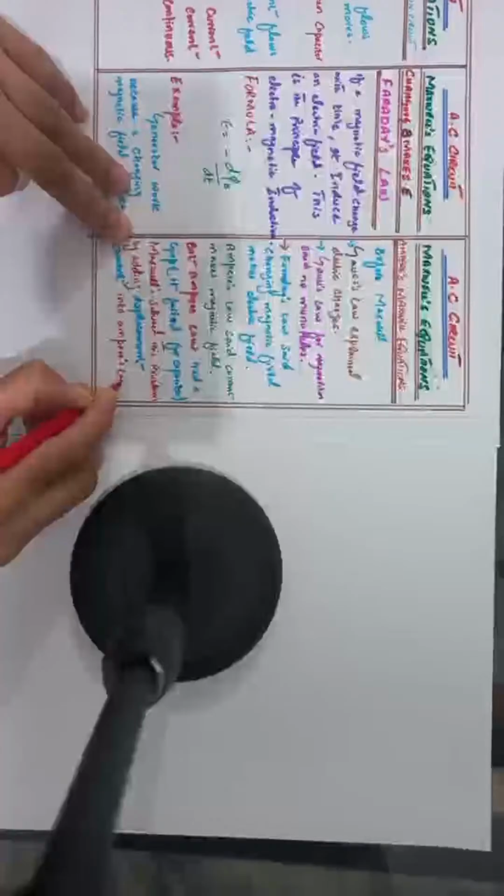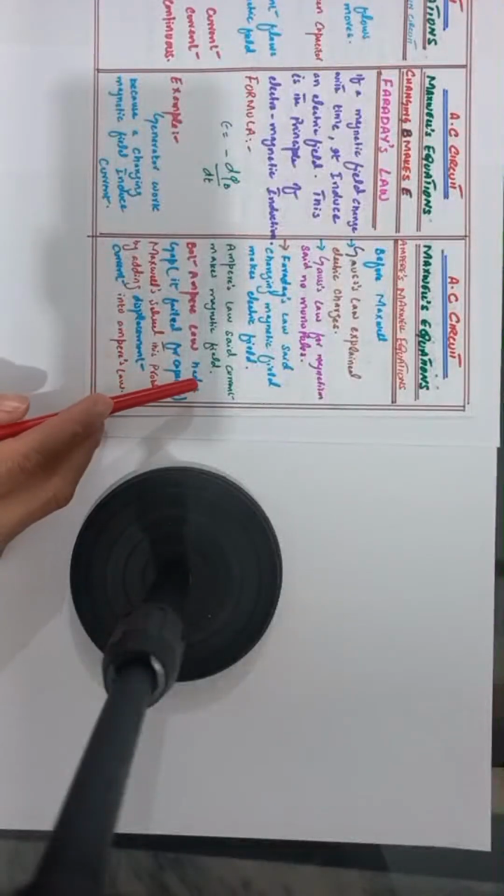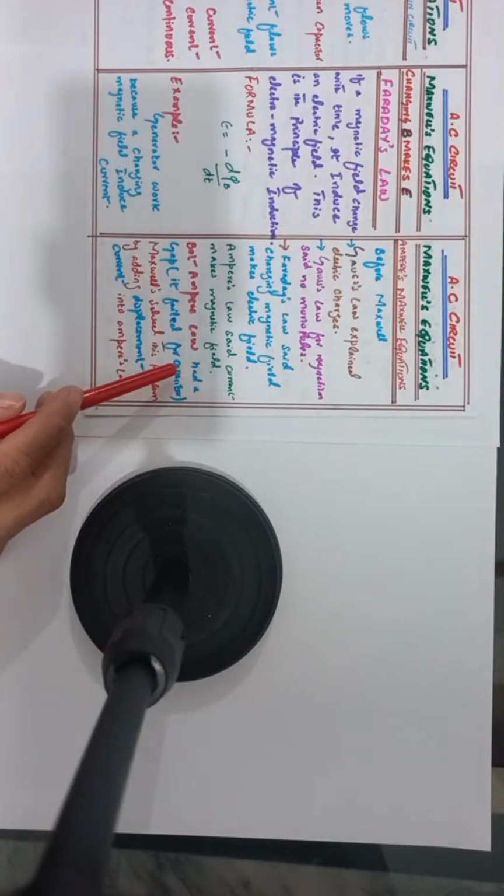That is, we discuss the Ampere-Maxwell equation, how Maxwell extended Ampere's law. Ampere's law does not explain the displacement current between the capacitor plates. It only said that current creates the magnetic field, but it fails in the capacitor plates.